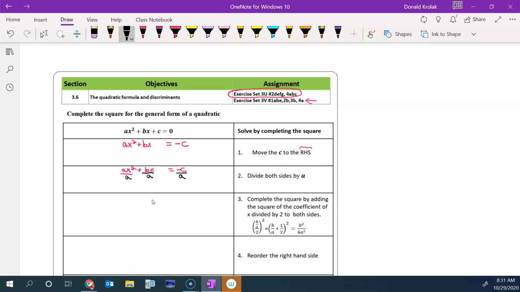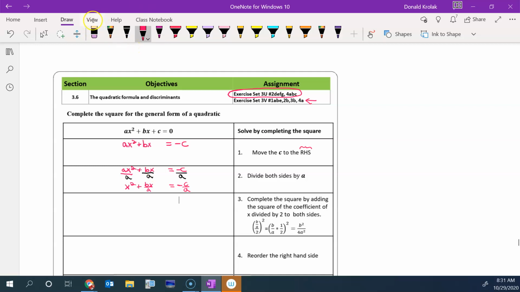And I end up with x squared plus bx over a equals negative c over a. So we did the second part. We divided by the leading coefficient. All right.